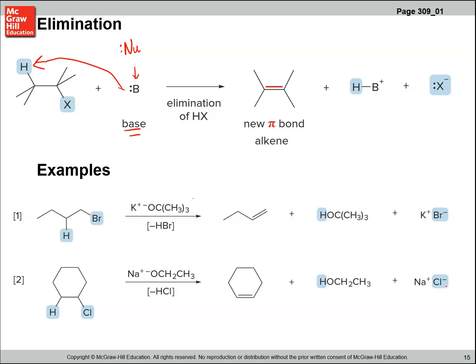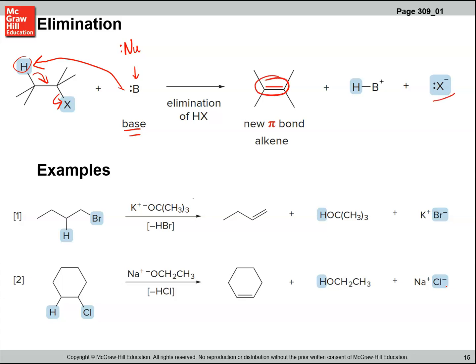Now a base is going to be attacking a hydrogen on here, and the hydrogen is going to leave the electrons behind, and the leaving group is also going to leave with the electrons in the bond. So now we're going to form a new bond here.